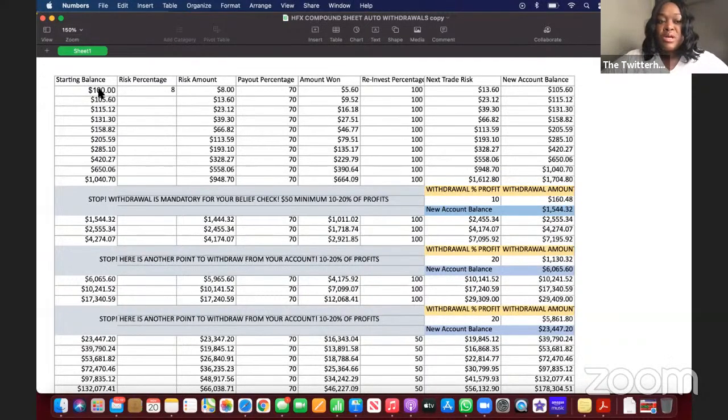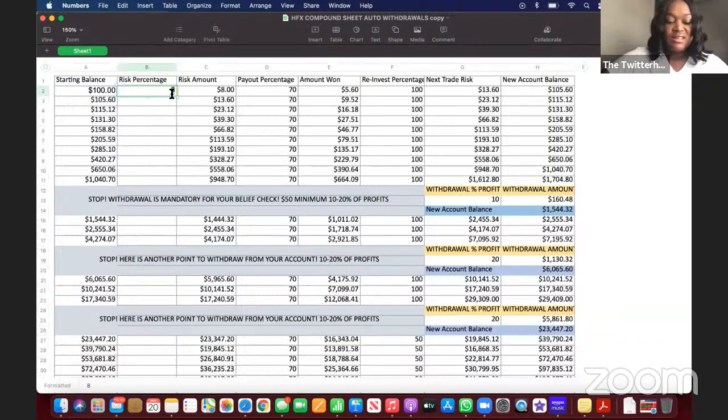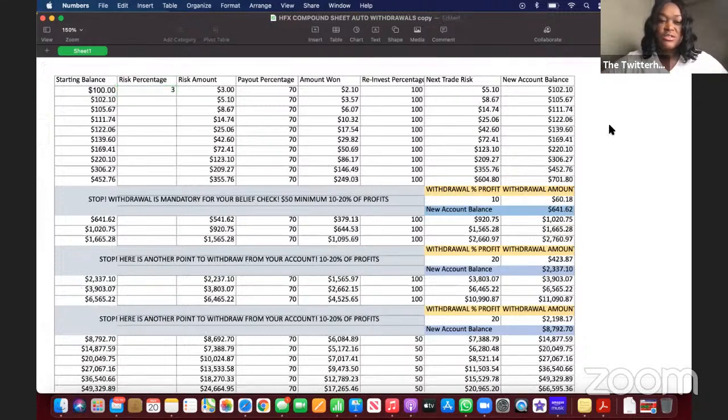So let's say we start with a risk of 3%. 3% of $100 is $3. I have the payout percentage at 70%. On average, the payout is 70%.